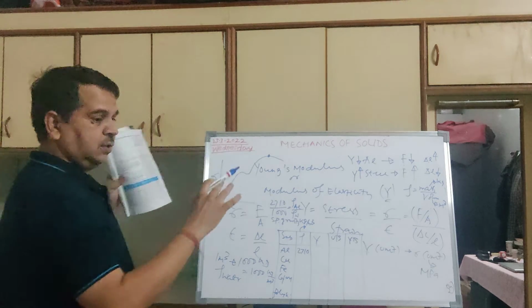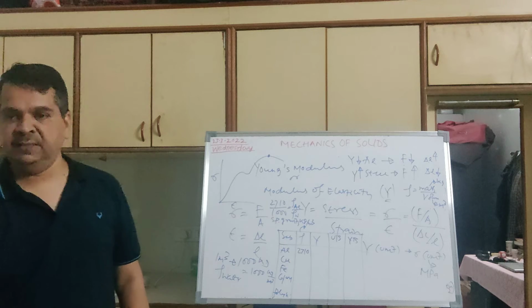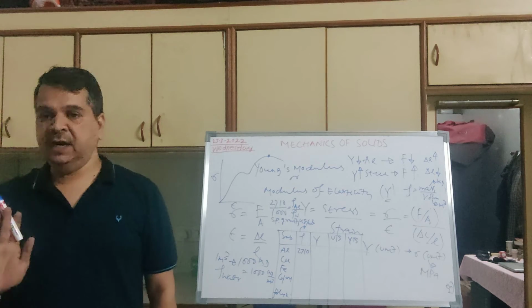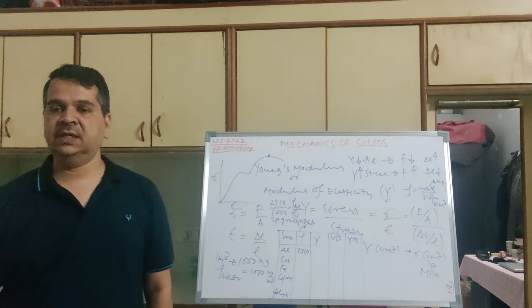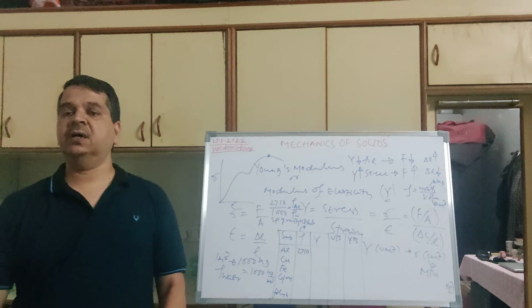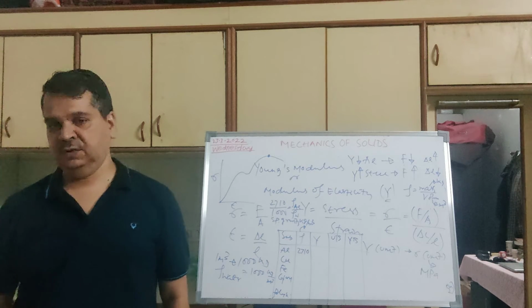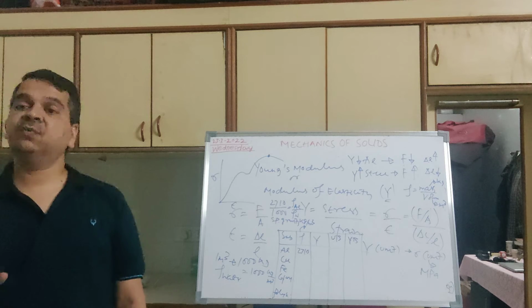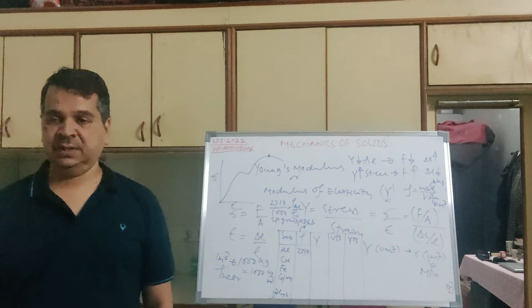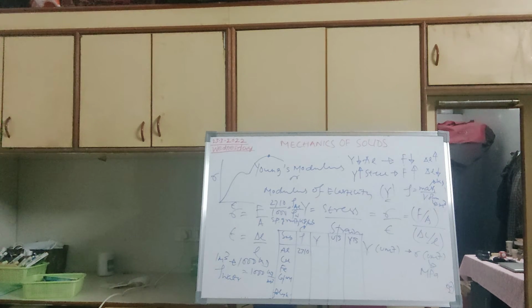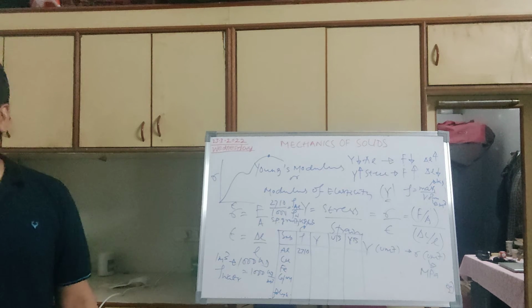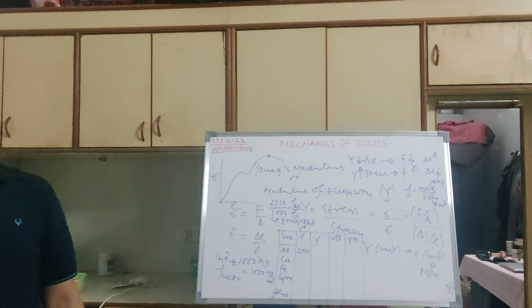A container of length 1 meter, breadth 1 meter, height 1 meter, whatever water it can contain, that weight will be 1000 kg. That is the meaning of 1 meter cube, a cube of side 1 meter.